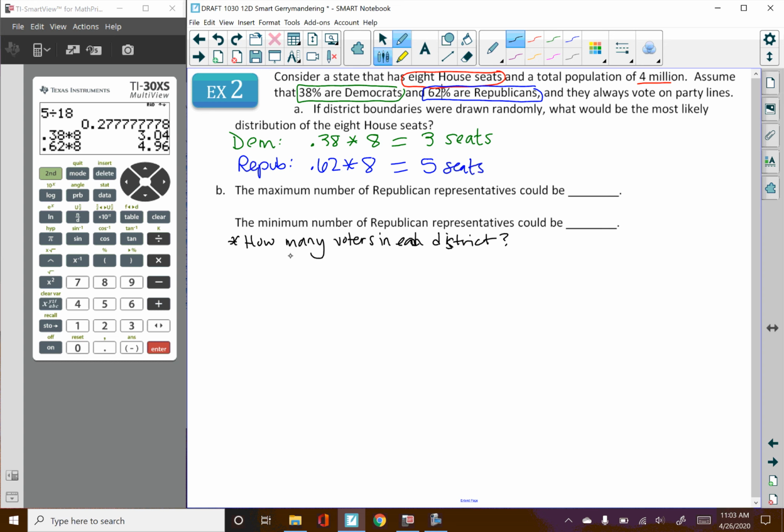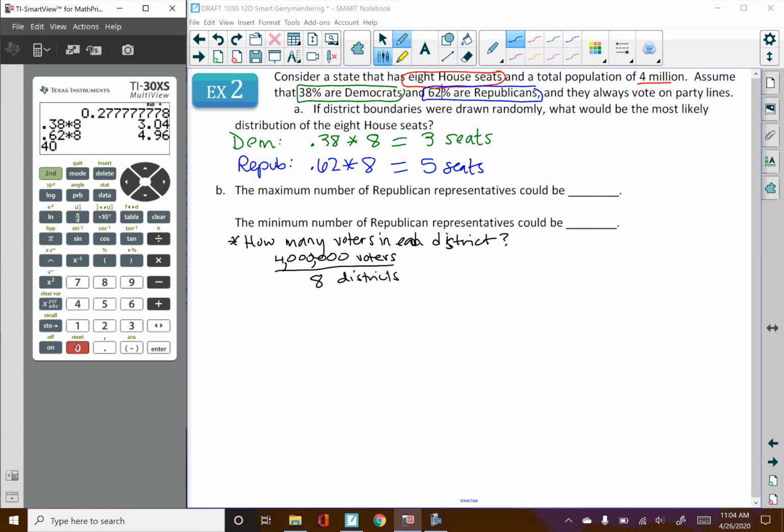So we just take the 4 million voters and divide them into 8 districts. So 4 million divided by 8 tells us that each district is going to have 500,000.